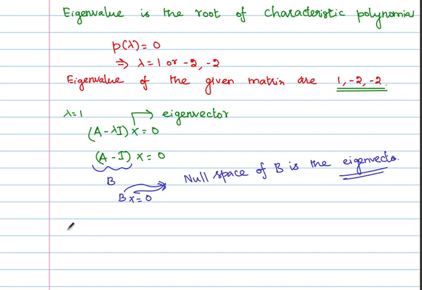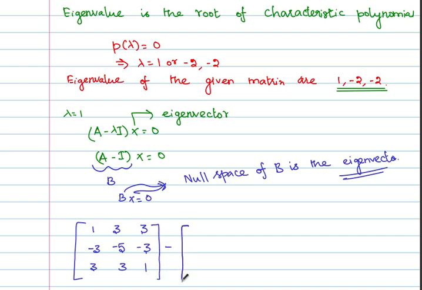So now I find the B matrix. The A matrix you already know. What is the A matrix? 1, 3, 3, minus 3, minus 5, minus 3, 3, 3, 1.